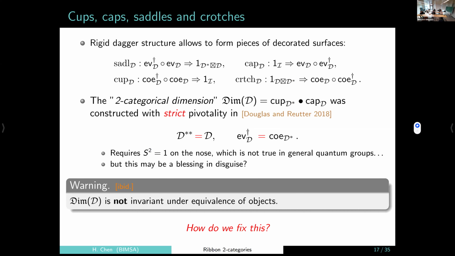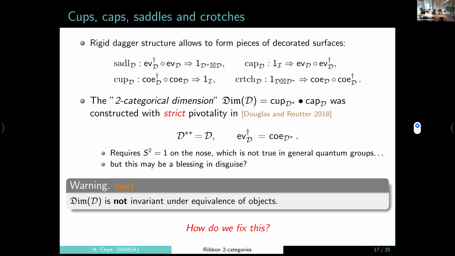Perhaps this is good, because indeed it's too strong a condition. There is a warning, warning 2.5 I think, in Schroeder's paper. They say that their definition of two categorical dimension is too strict or too weak, depending on how you view it, in that the dimension is not invariant under natural equivalence of objects, naive equivalence of objects.